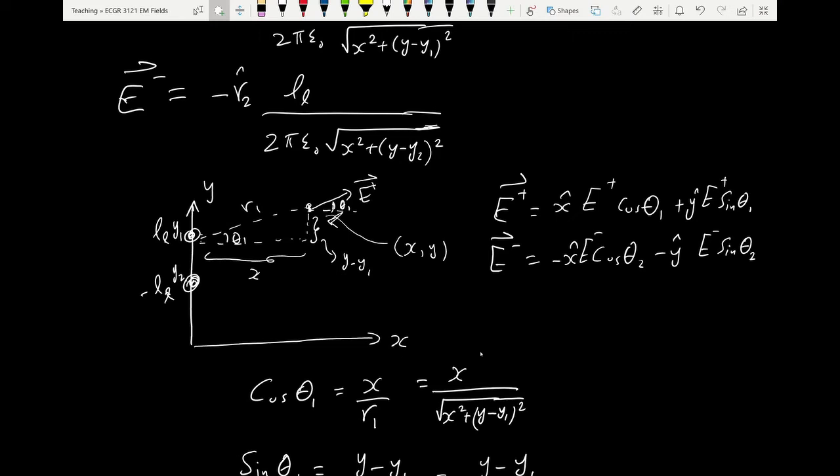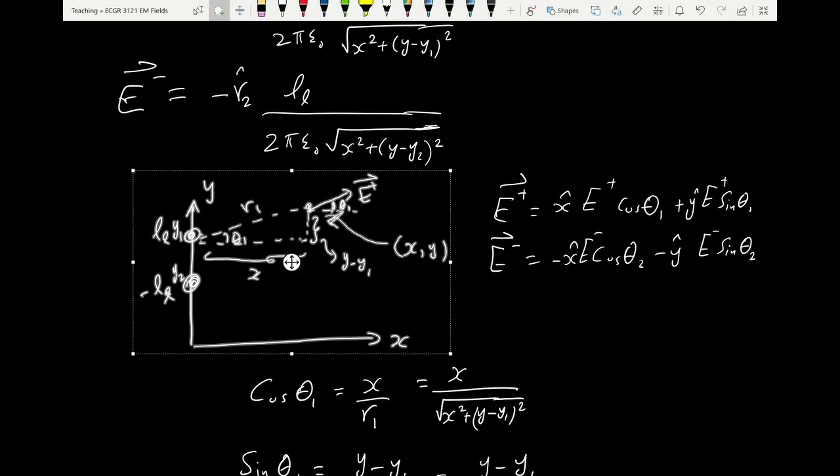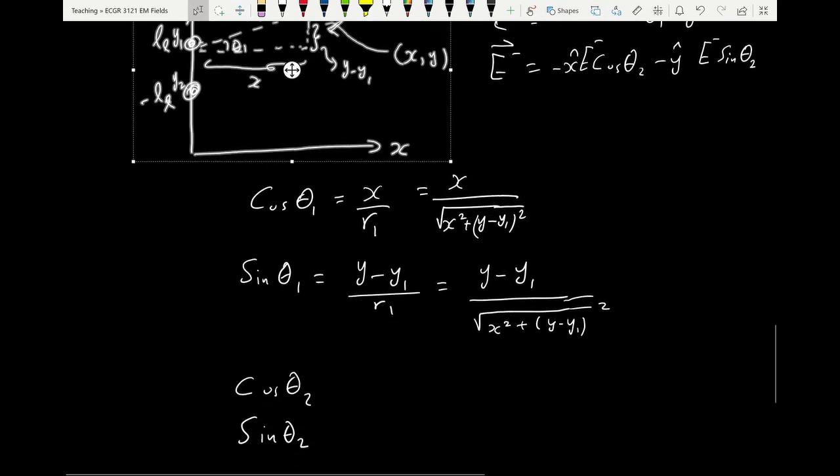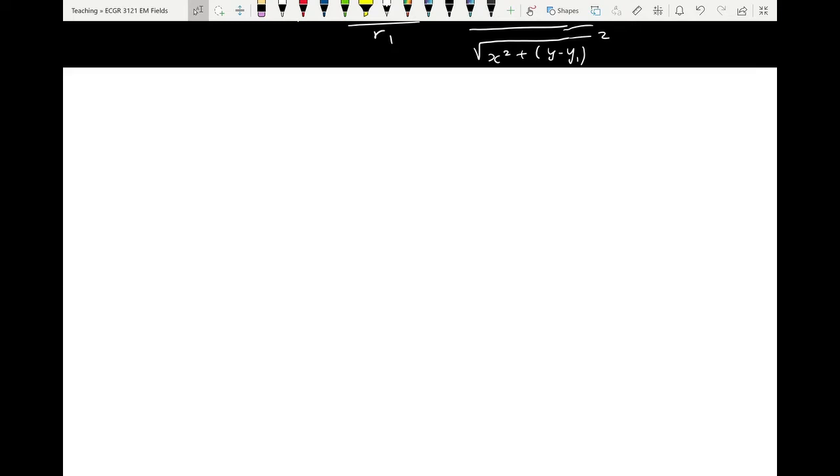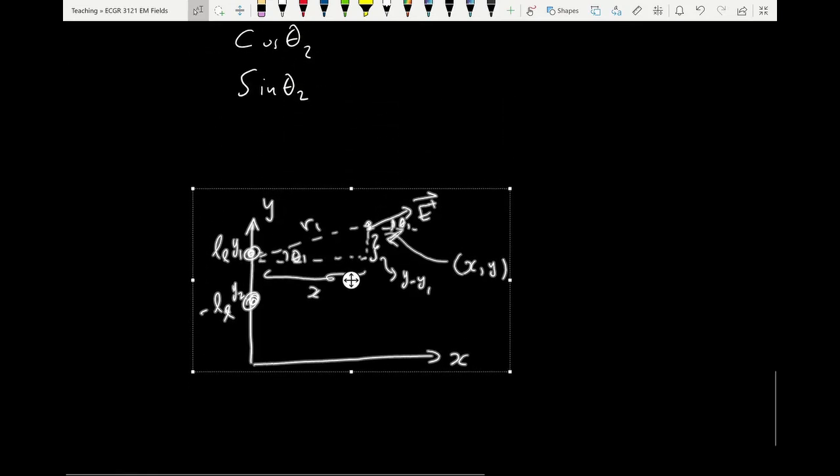Let me just copy this so that I can state things clearly. So copy, and then paste. Okay.